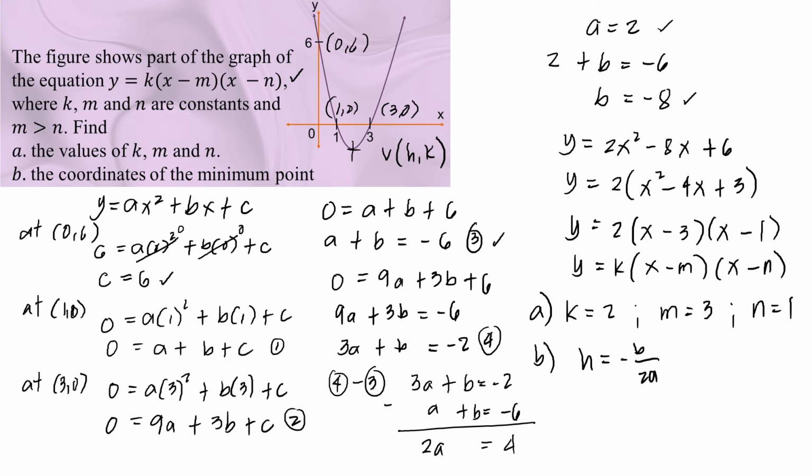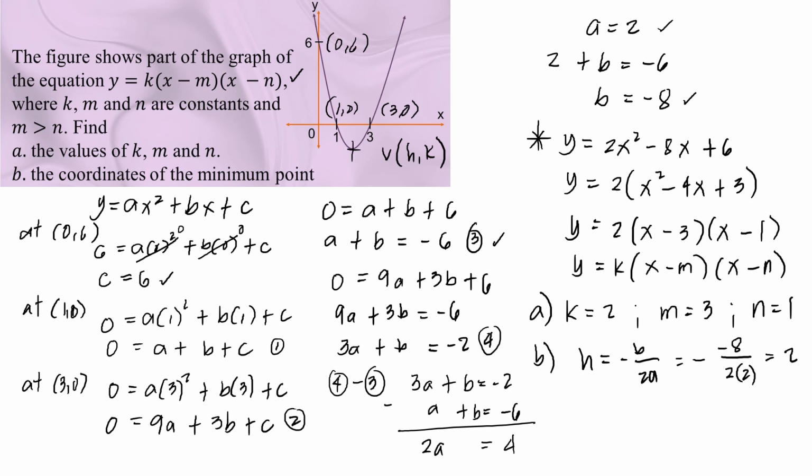So we substitute b from the general form of the quadratic function. b is negative 8, negative of negative 8 over 2 times a is 2, so 2 times 2. Negative of negative 8 divided by 4 is positive 2. So h is equal to 2.